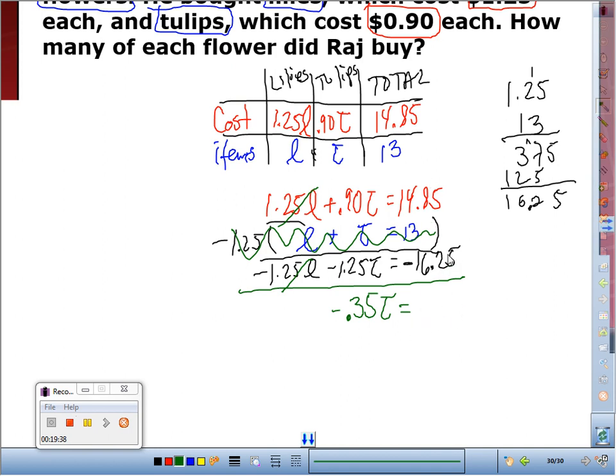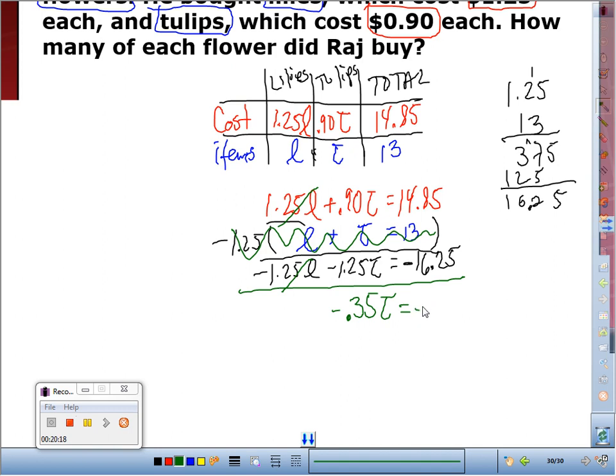What is that? 14.85 minus 16.25. What is it? 260?